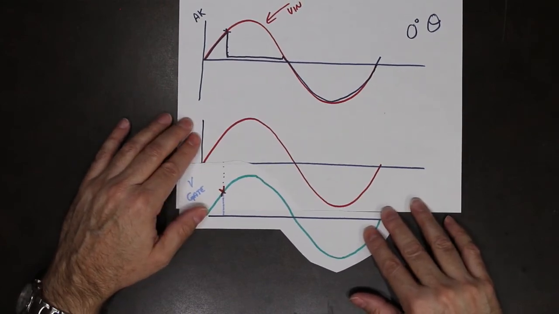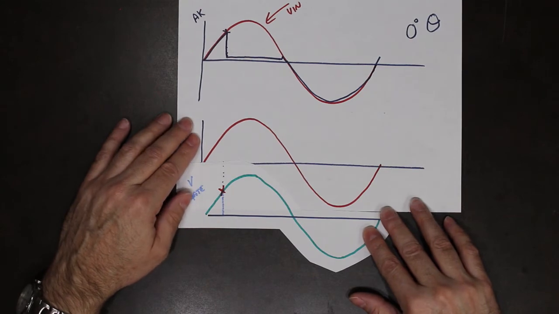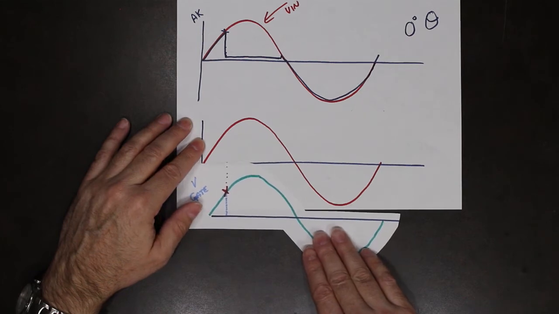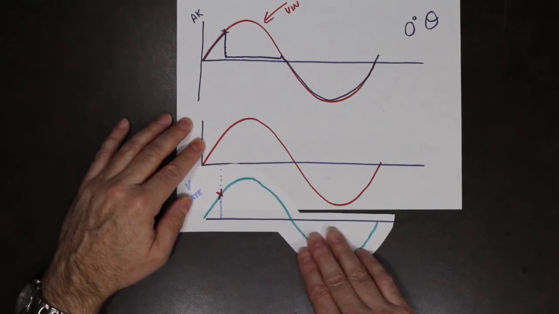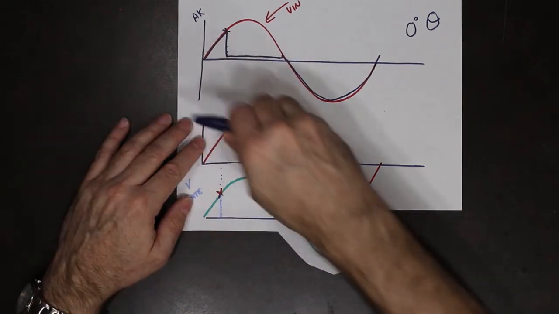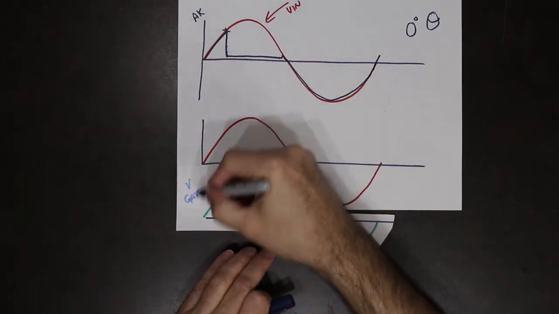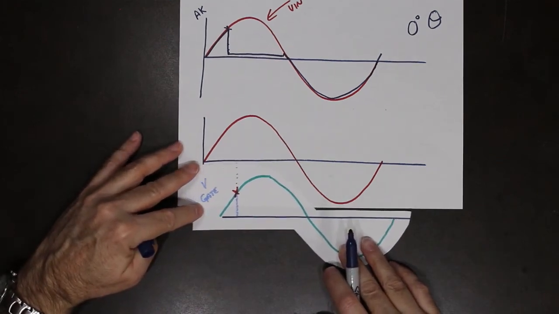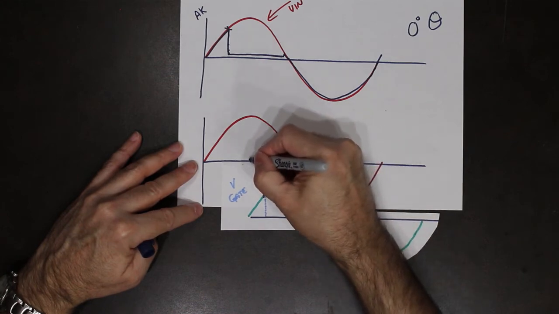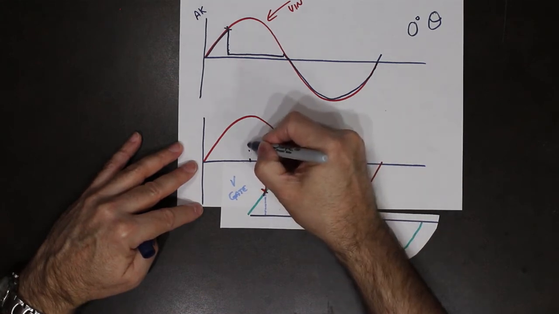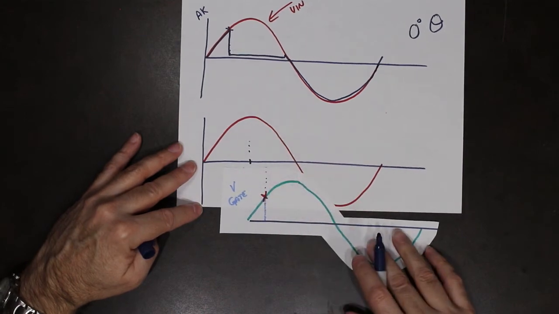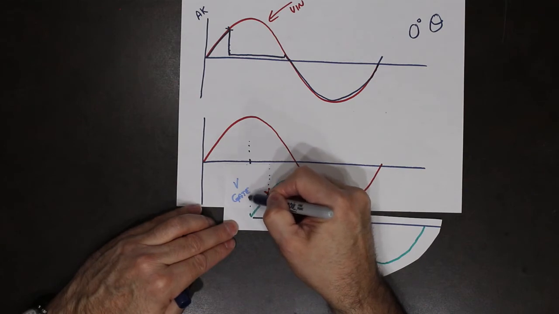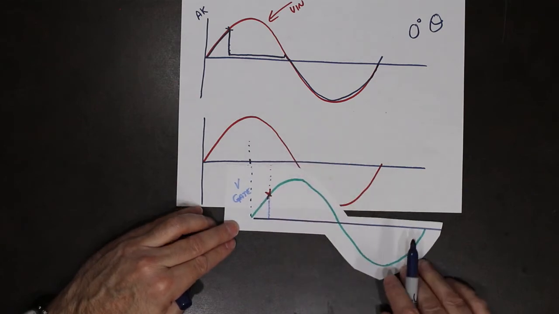So here we are, we're in phase. I adjust the pot and the green waveform shifts. So we go from 0. So that means that this point and this point are the same point, and then I shift it to approximately 90 degrees. So now this point here is there.